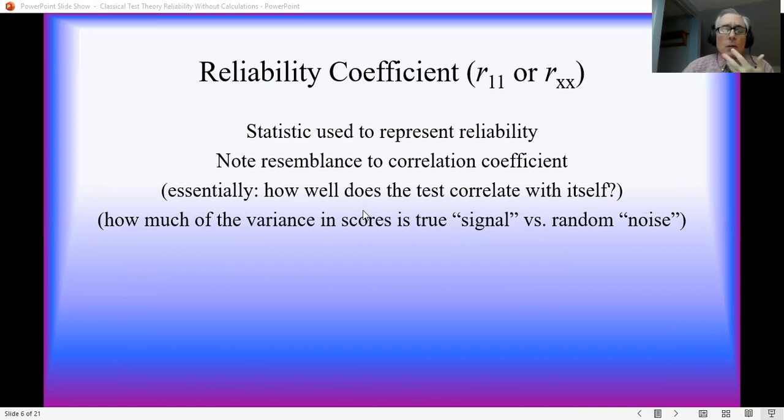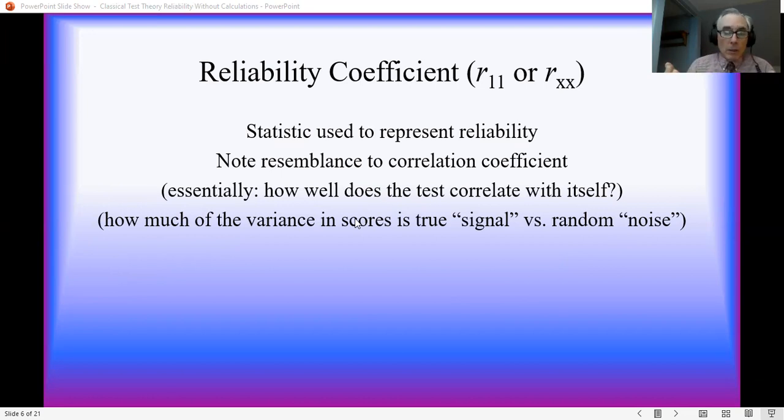When you do one of these procedures to come up with a reliability estimate, the estimate is expressed as a number. It's known as a reliability coefficient, typically represented by a lowercase italicized r with either the subscript 11 or the subscript xx, depending on whose textbook you're reading. R, if you've taken any kind of statistics class, and if you haven't, I'm not quite sure why you would be here.